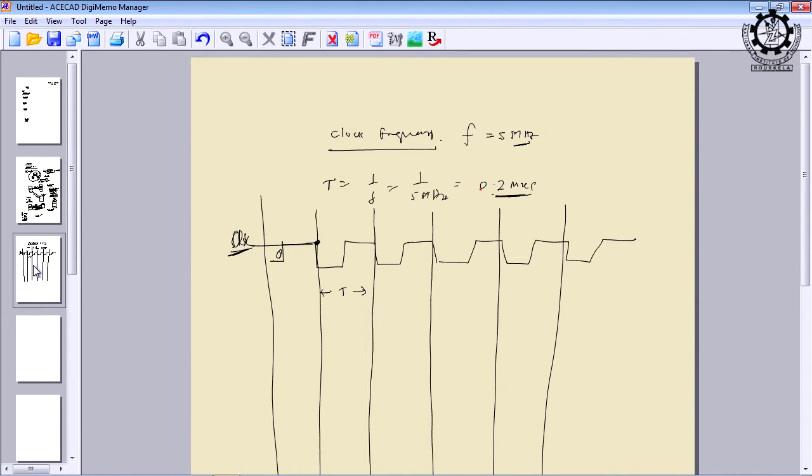So, 0.2. Previously you got 0.6, plus 0.2, 0.8. And to carry out the third one, suppose it is 2 clock pulses. So, add another 0.4. So, I can very well say within 1 microsecond I could complete a memory read operation.